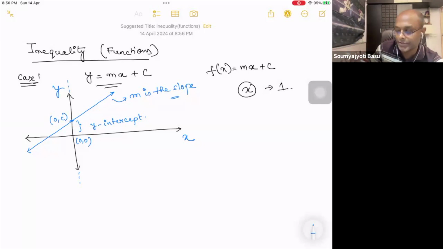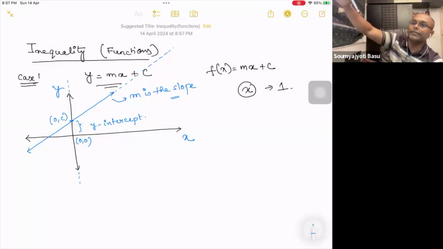Now, let's get back to inequality. I was talking more about the straight line at that point. Observe, this straight line extends. It keeps on going. It's a straight line. It extends to infinity. On the other hand, it extends also to minus infinity.